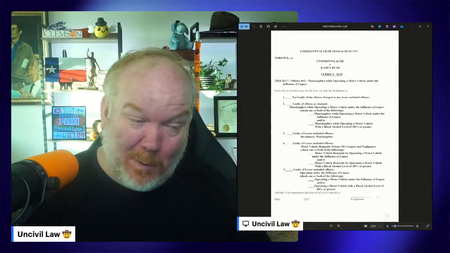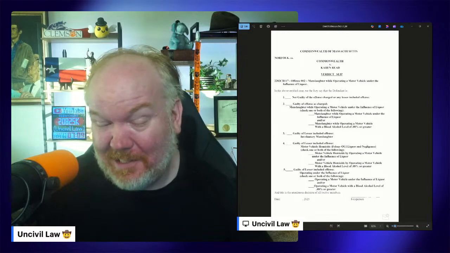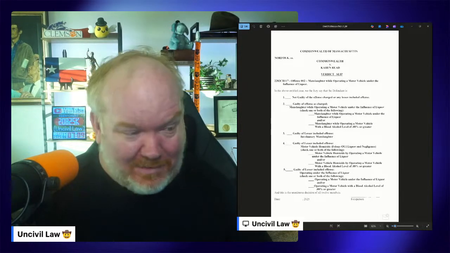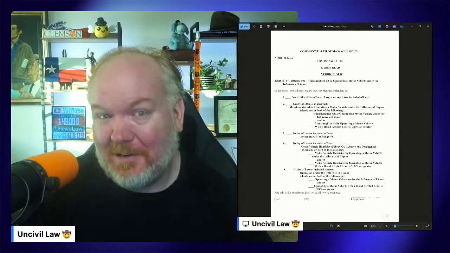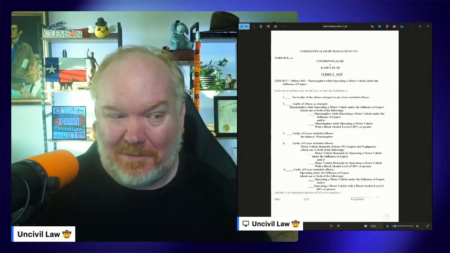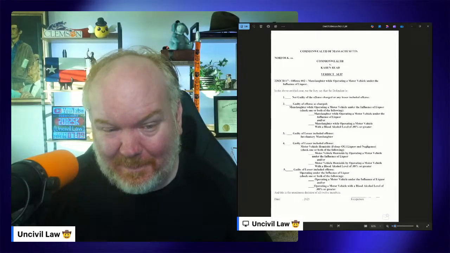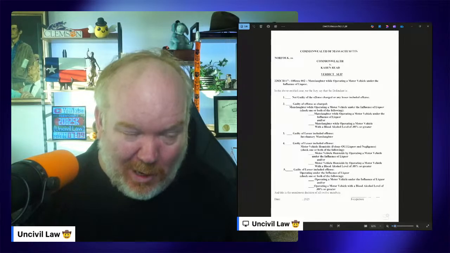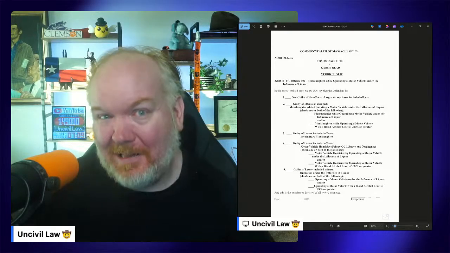And of course, we already had the felony DUI in the first place. So that's obviously a lesser included. And then just straight, no nonsense, operating under the influence of liquor, which of course is a lesser included of the manslaughter while operating a motor vehicle under the influence of liquor. So all those things. So that is how we're doing that legally.